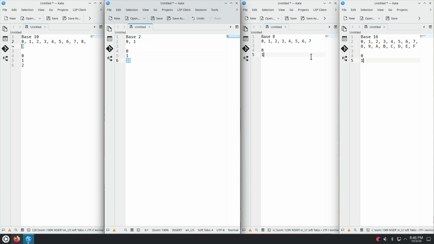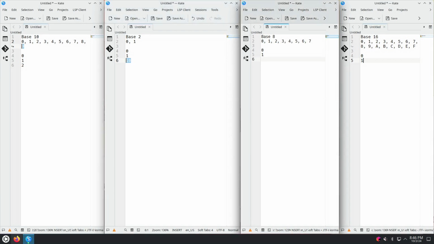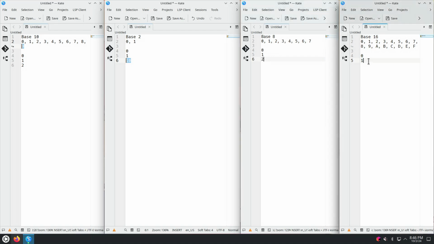This is base 2, this is base 8, base 16, and base 10. There exists the digit 2, so there will be a number with just one digit, 2 in base 8. The same for base 16.